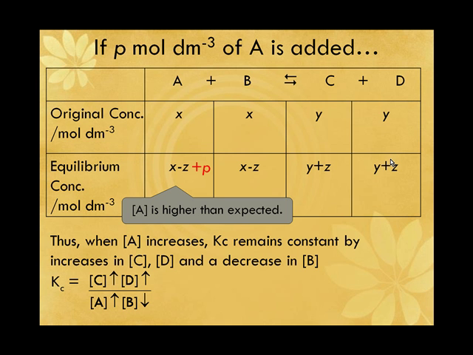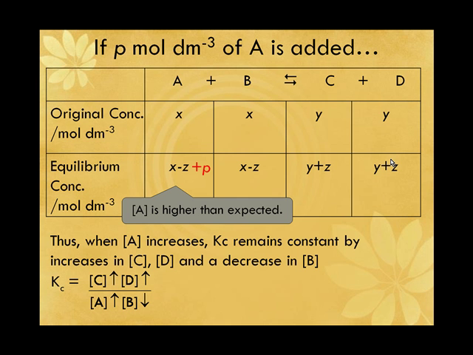So, how do we keep the Kc constant? Kc can be kept constant by an increase in the concentration of C, and the concentration of D will also increase, along with a decrease in the concentration of B. Let me say that again.